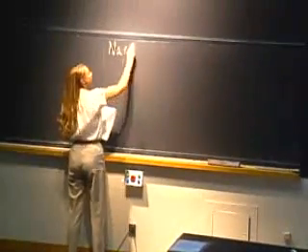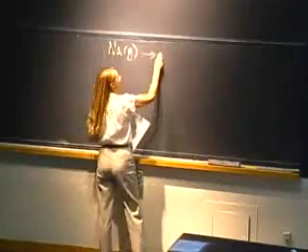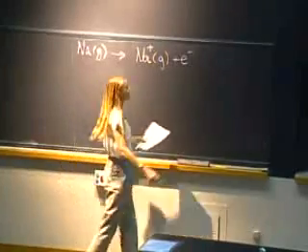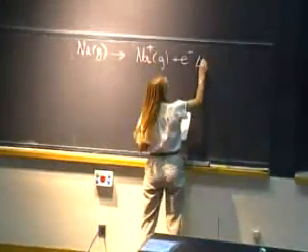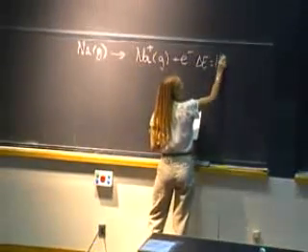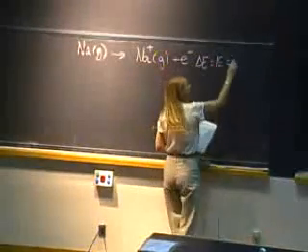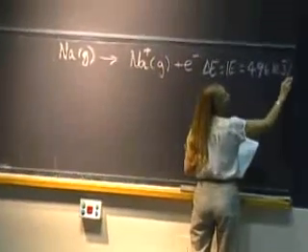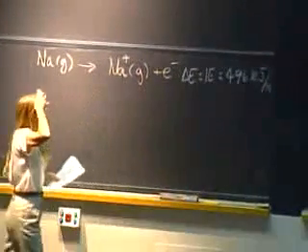All right, so what we're seeing is this gas phase sodium atom is ejecting an electron to form this gas phase sodium ion plus this electron. And of course, that's going to cost energy. The energy change is the ionization energy, which is for sodium 496 kilojoules per mole. Right?